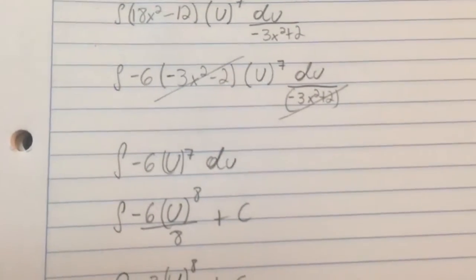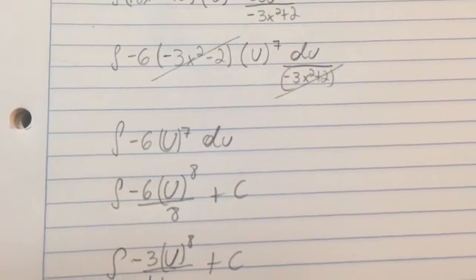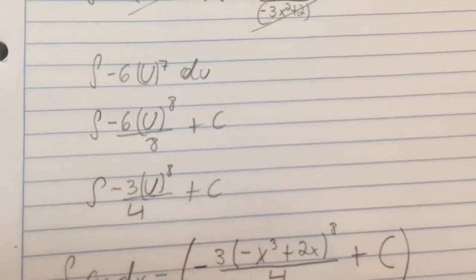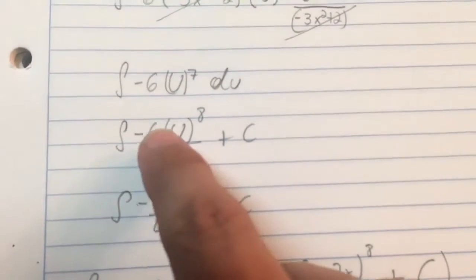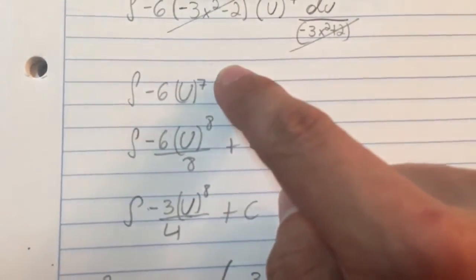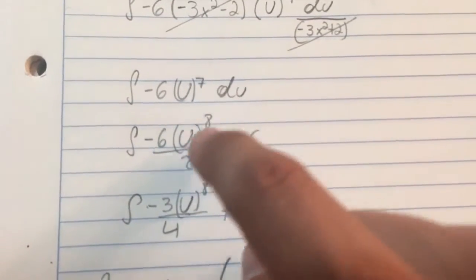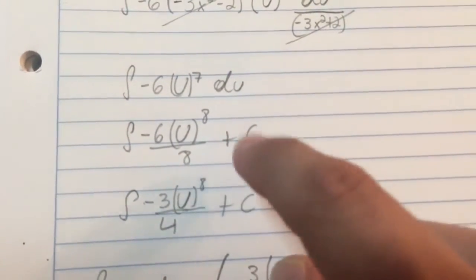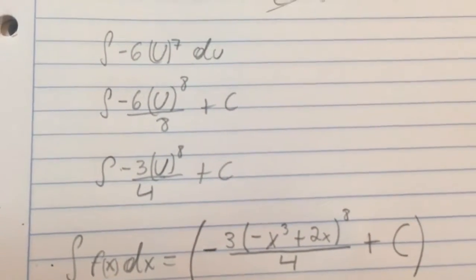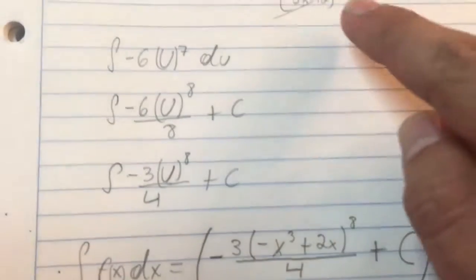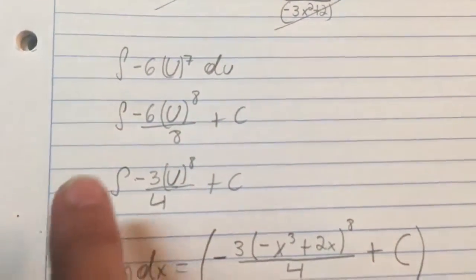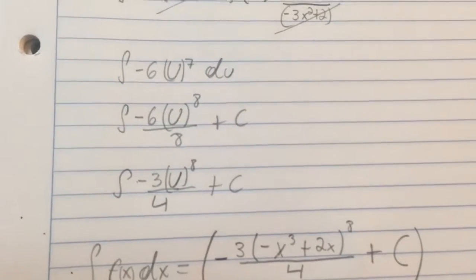Then we can find the integration, which is the negative 6 times the u to the 8th, because it's 7 plus 1, 8, divided by 8, plus a constant, that is the c. Now we can simplify this expression by factoring out a 2.